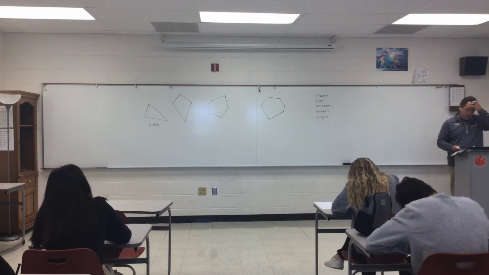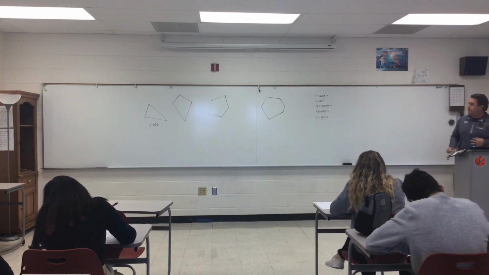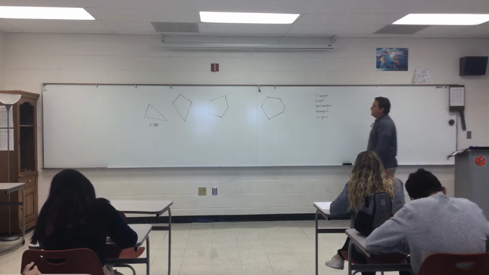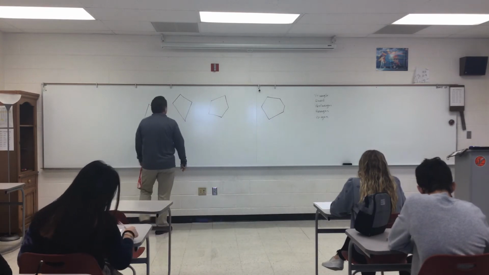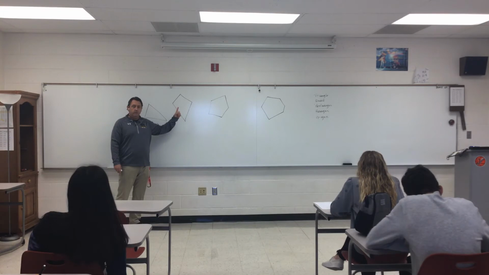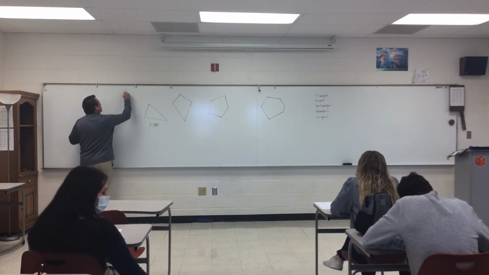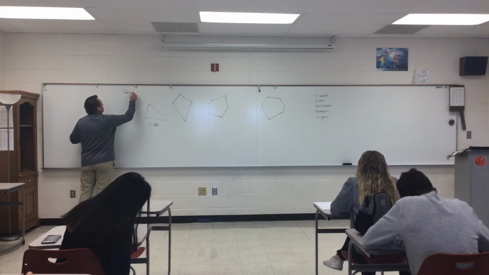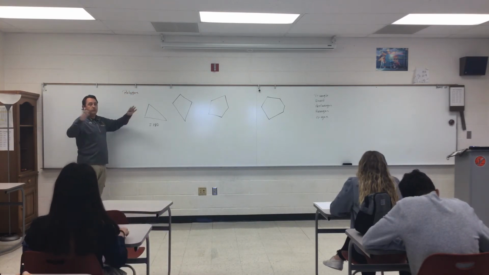Okay, go down to where it says polygon angle sum. So this is the main part of the lesson. What we're going to do today is figure out what the angles inside shapes add up to. When they use this word polygon, we didn't talk about that at first, but polygon is a general word for all of these shapes.